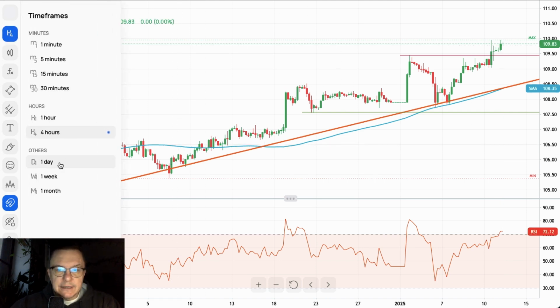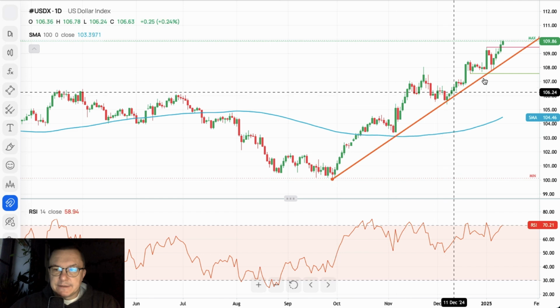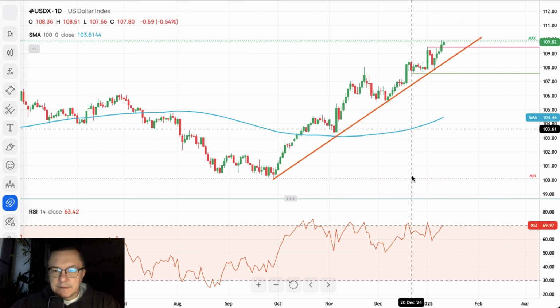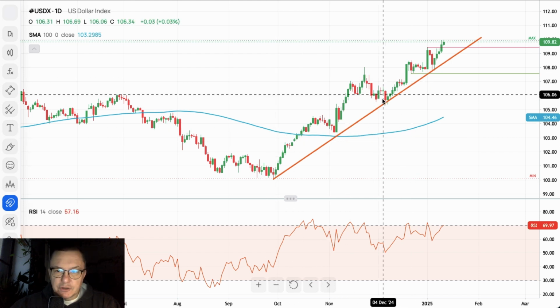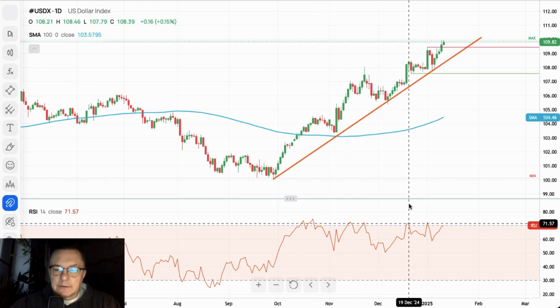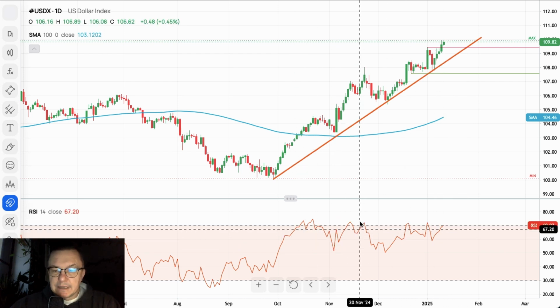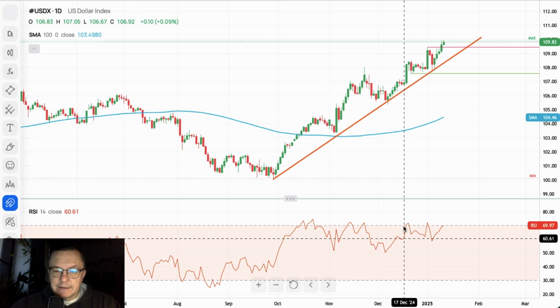If we switch to daily, you can see this very steep line here that basically defines the uptrend. Very nice short pullbacks, and the momentum stays above the level of 50, most likely around the level of 60-70.